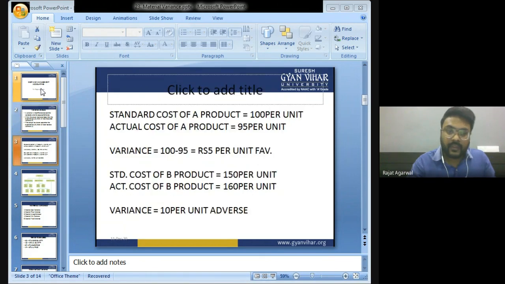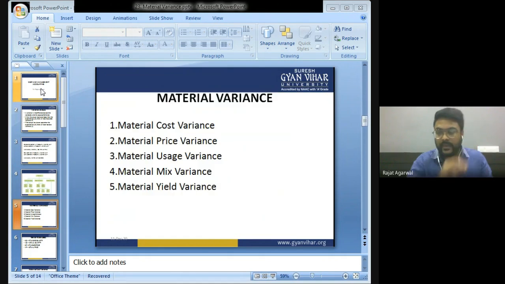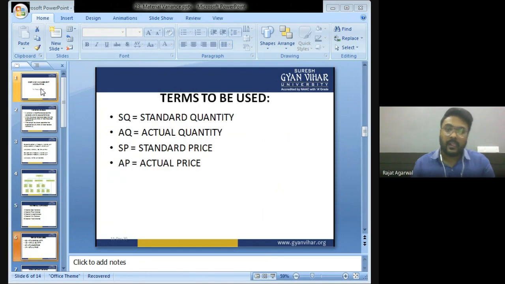Then we have discussed material variance: material cost variance, material price variance, and material usage variance. Terms to be used: standard quantity SQ, actual quantity AQ, standard price SP, and actual price AP.